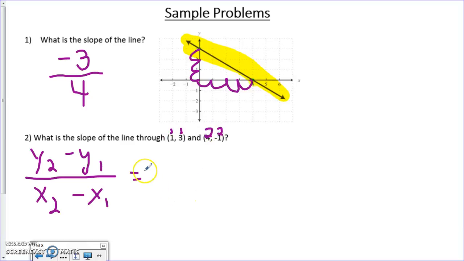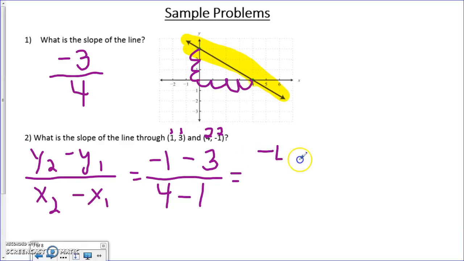So we're going to substitute those values in. So negative 1 minus 3 over 4 minus 1. Negative 1 minus 3 is negative 4, and 4 minus 1 is positive 3. Your slope of the line is negative 4/3.